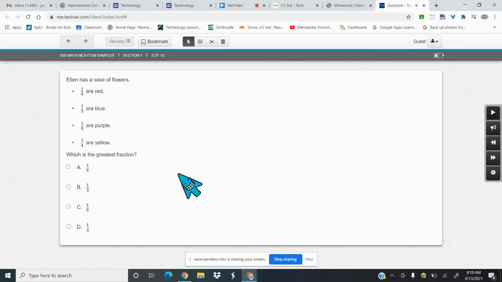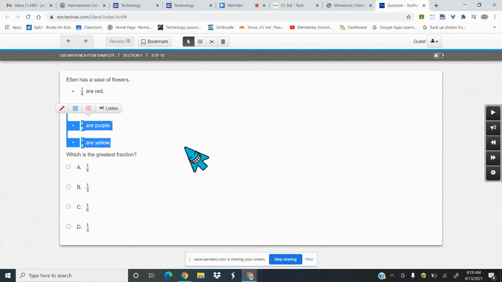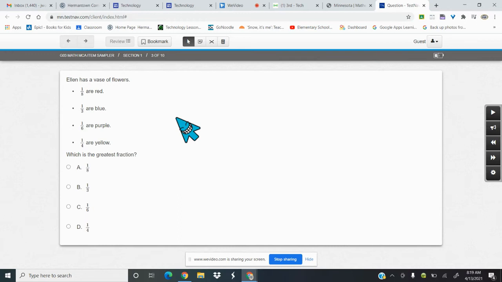Okay, for this one here, you have to think about a circle. I wish I could draw a circle on here for you. I cannot. So if you imagine a circle and divide that circle up into eighths, so 1, 2, 3, 4, 5, 6, 7, 8. I think I have to divide it 4 times, which I did. Your sections are going to be pretty small. So that is not a correct answer.